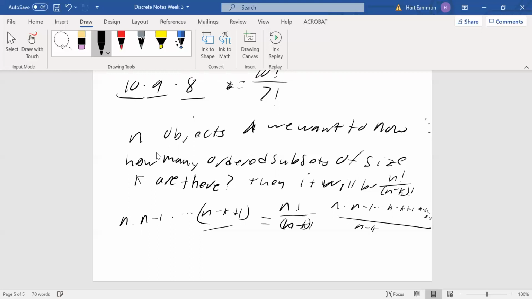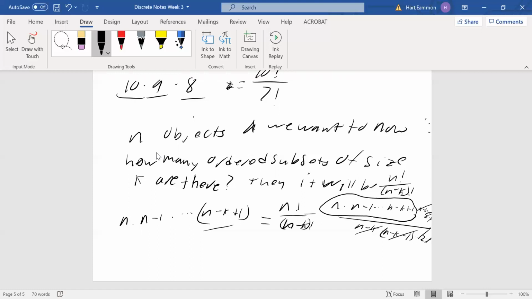This is n minus k times n minus k minus 1 times all the way to 2 times 1. So then we can just slash these out, and we're left with this right here.